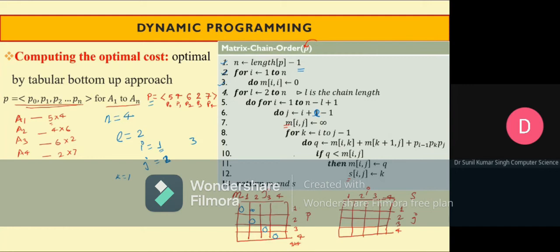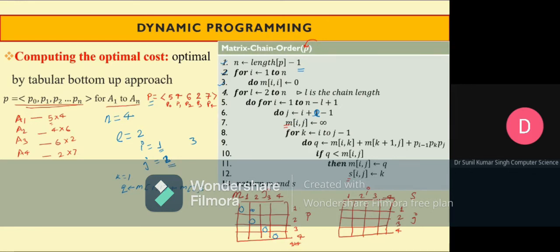Now look at here, put the value of I, k and j. So q will become M of I, k, that is M11, plus M of k plus 1, that is 2, and j, that is 2 here.